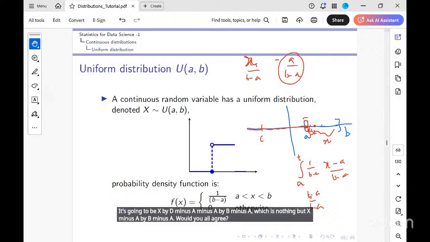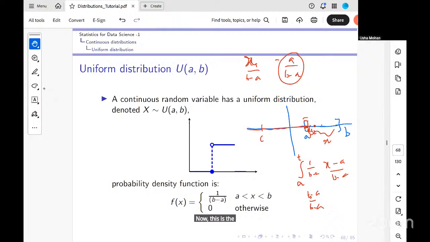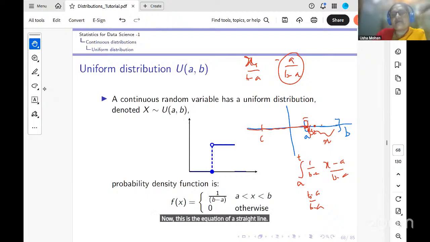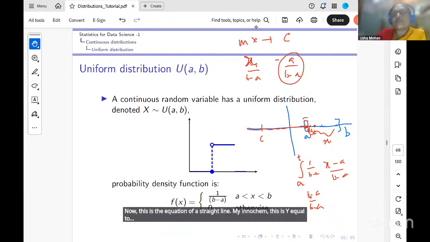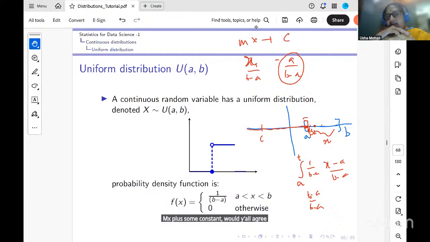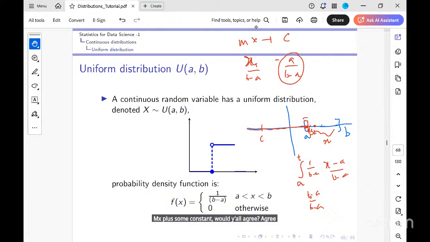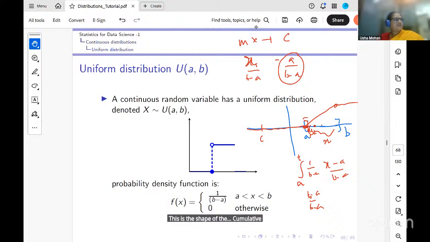Now, this is the equation of a straight line, y equal to mx plus some constant. Would you all agree? So this is the shape of the cumulative distribution function.